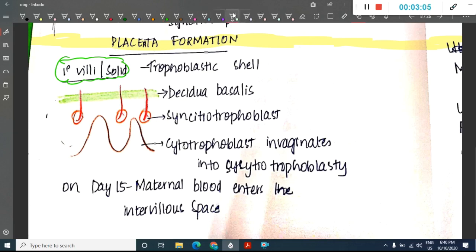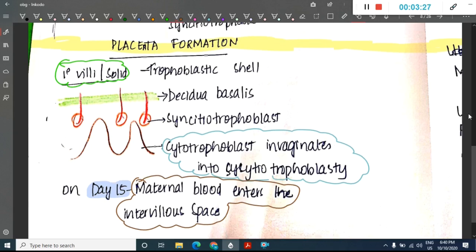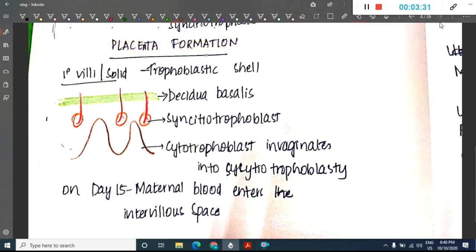In primary villi, the cytotrophoblast invaginates into syncytiotrophoblast, and on day 15 the maternal blood enters the intervillous space, that is primary or solid placenta.